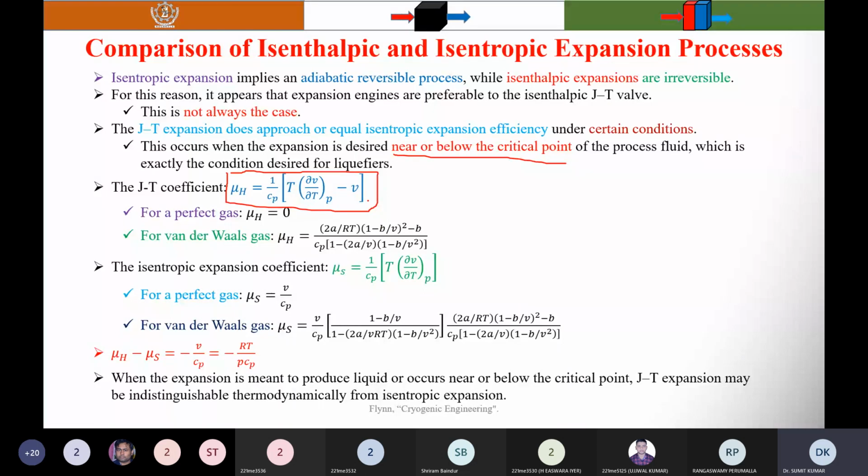For the perfect gas, we know that V is equal to RT by P. Now you can differentiate: the partial derivative of V with respect to temperature T at constant pressure P is equal to R by P, and that is equal to V by T.